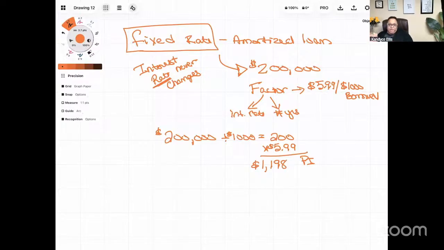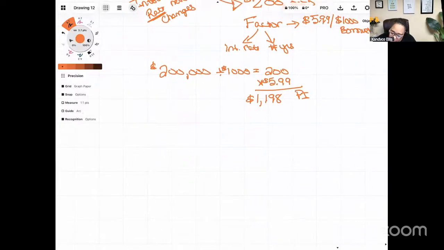But remember, our P&I never changes. So you owe $200,000 for that first payment. That's your balance. You're going to pay that first month $1,198. It's month one.